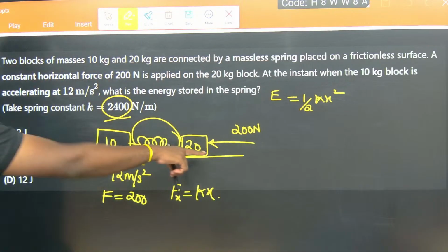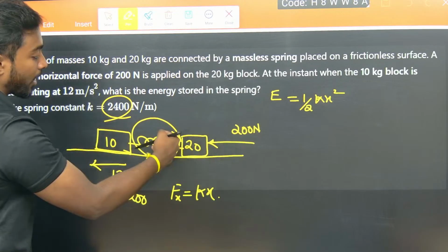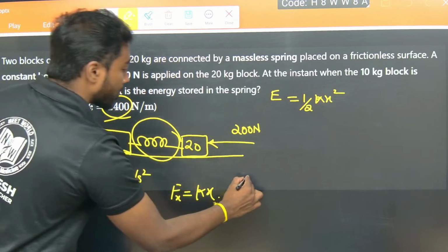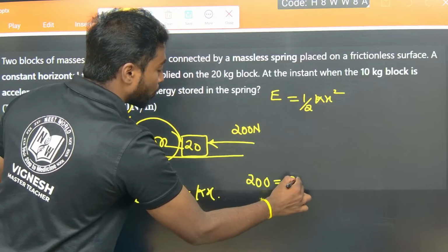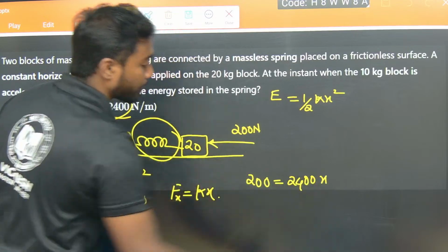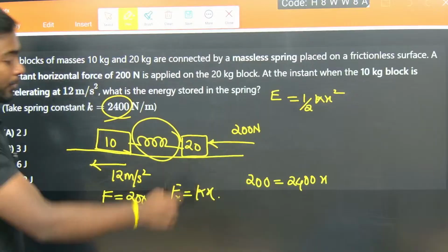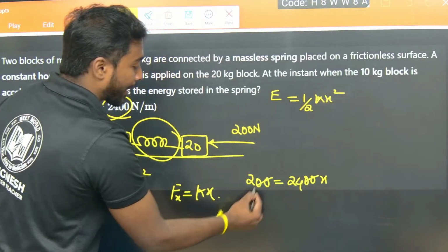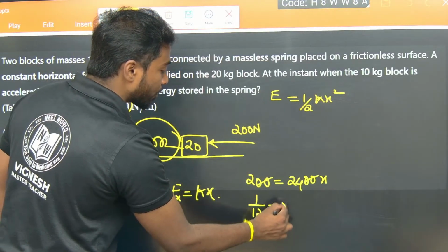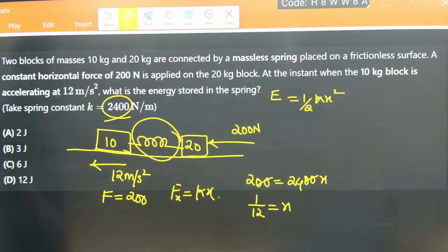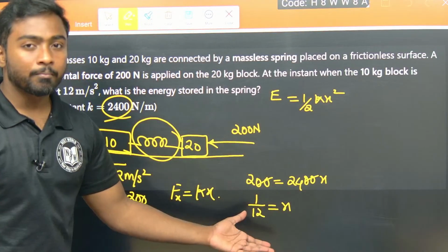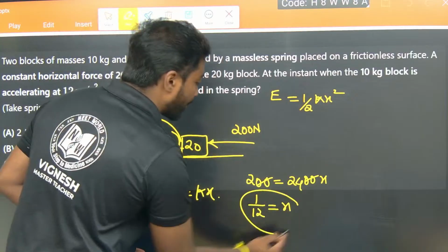Same force only, no? If I apply, the opposite force will be there. So 200 equals 2400 into x. I can find the value of x from there. So the 2 zeros will get cancelled. 1 by 12 equals x. Yes, 24 coming this side. 1 by 12. That's it, so this is the value of x.